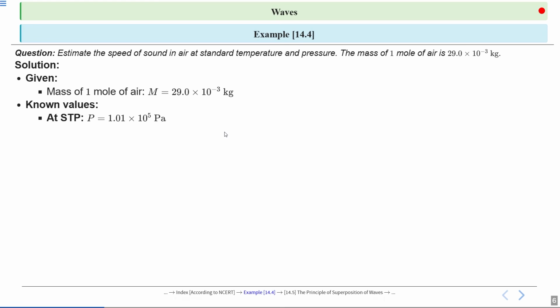So at standard temperature pressure, P equal to 1.01 into 10 raised to the power 5 pascals. And the temperature T equal to 273 Kelvin.